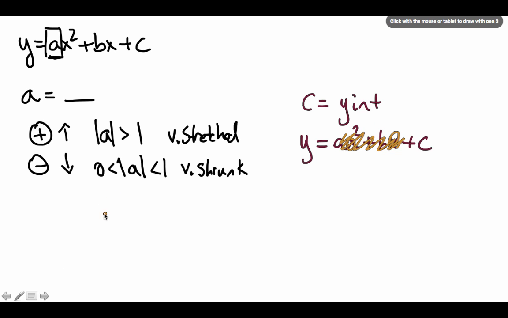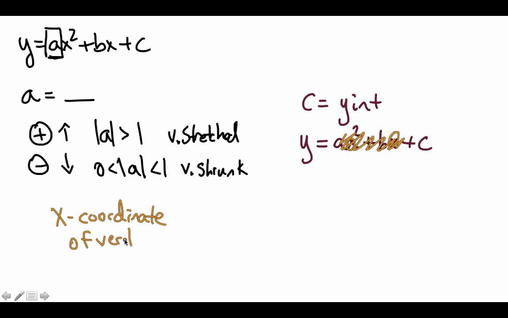And then lastly, b doesn't tell us anything directly, but it helps us find the vertex. The x-coordinate of the vertex is always going to be the opposite of b divided by 2a. And if that looks familiar, it is in the quadratic formula.